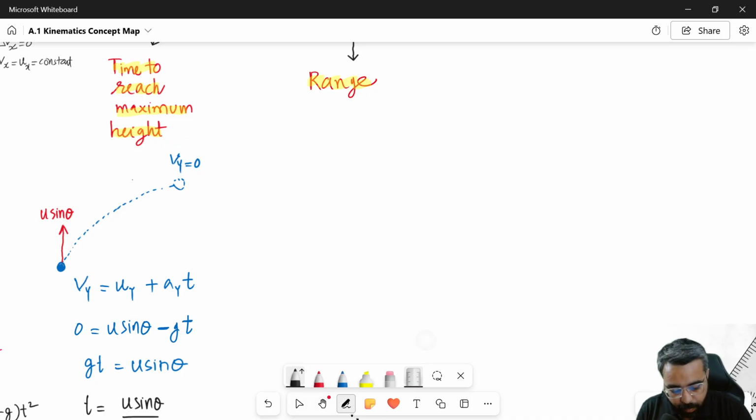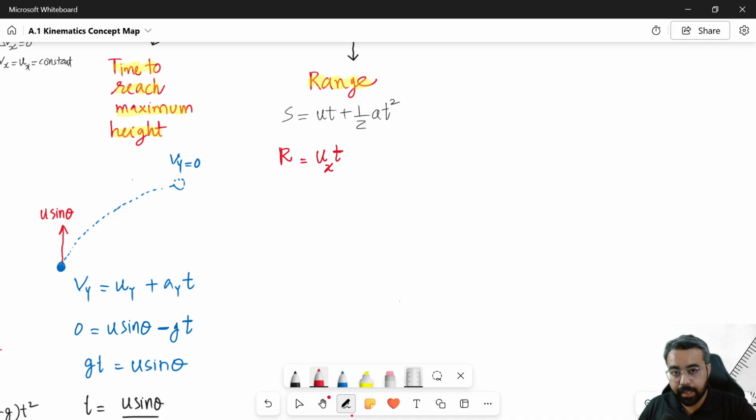So while finding this, you can apply the equation s equals ut plus 1 over 2 acceleration t squared. This will help us find the range. I'm calling s the range because this is the horizontal distance, and I'm going to use the x component of velocity times t.